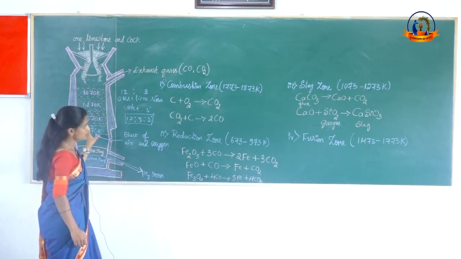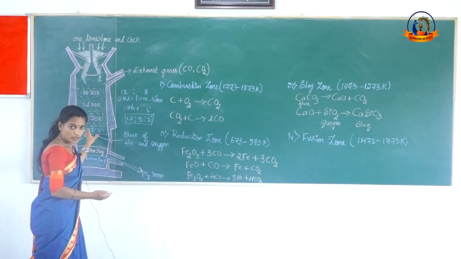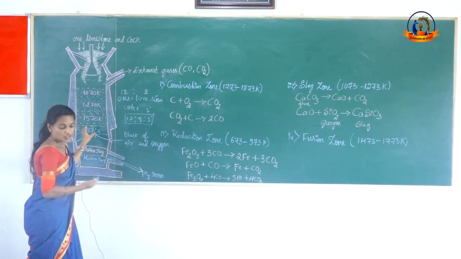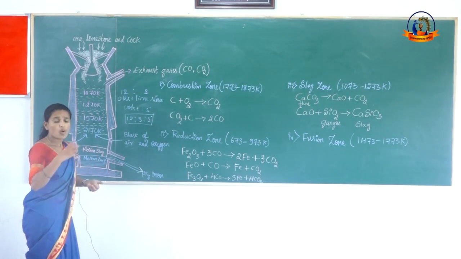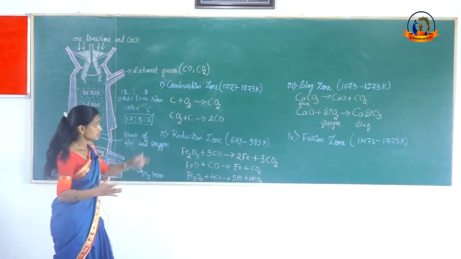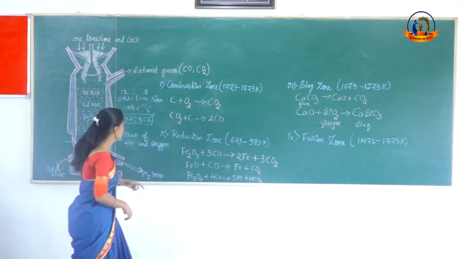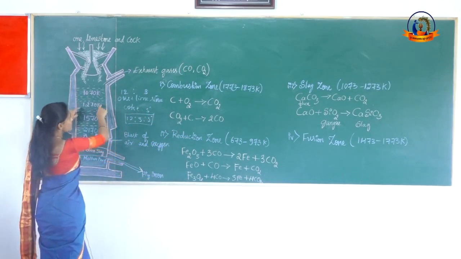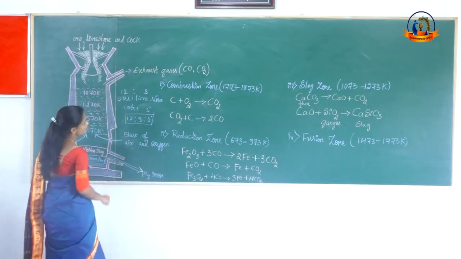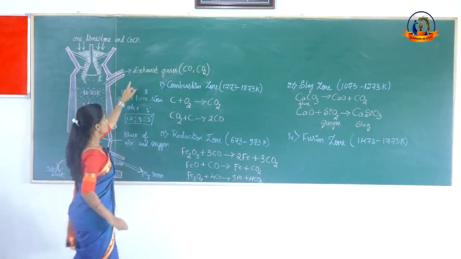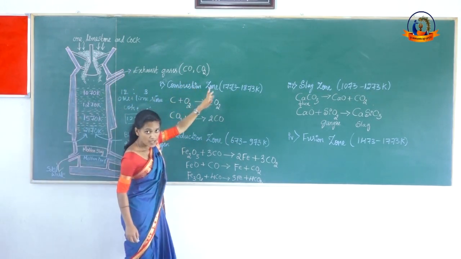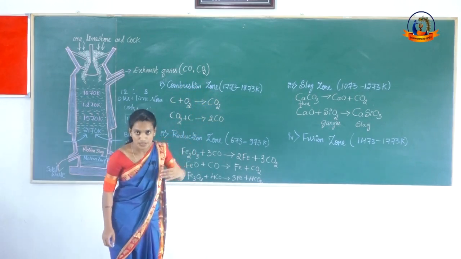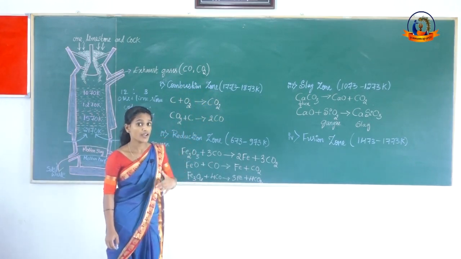The unwanted gases, carbon dioxide and carbon monoxide, slowly come to the upper surface and escape here as exhaust gas. Look here, the exhaust gas consists of carbon monoxide and carbon dioxide. These are the impurities present in the iron ore.